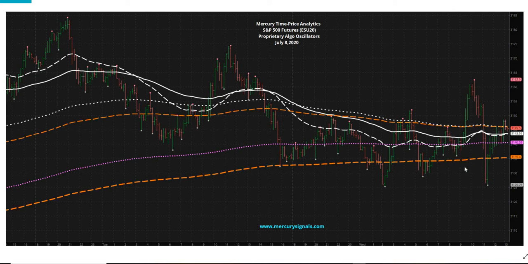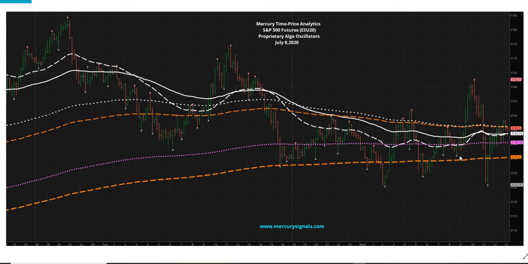Now, you don't have to have an algorithmic cluster like this to have a key market turning point. There's plenty of things that'll make the market turn: news events, geopolitical events, Fed meetings, earnings.